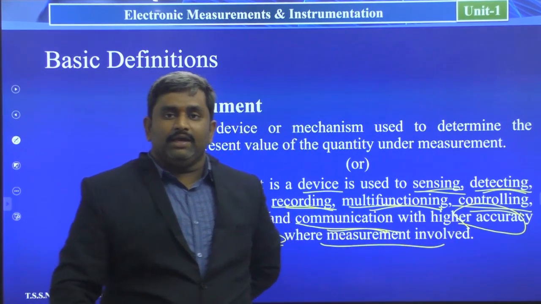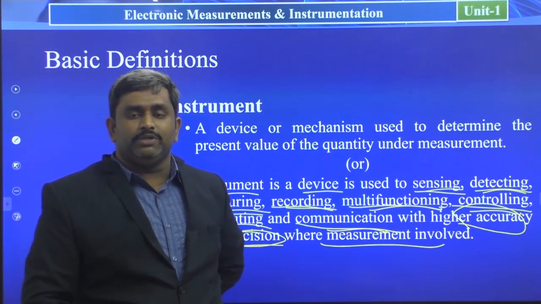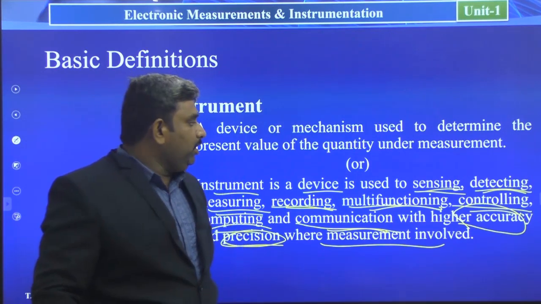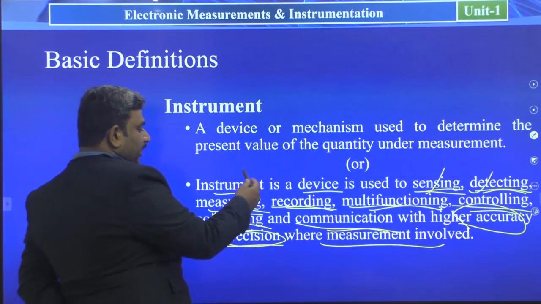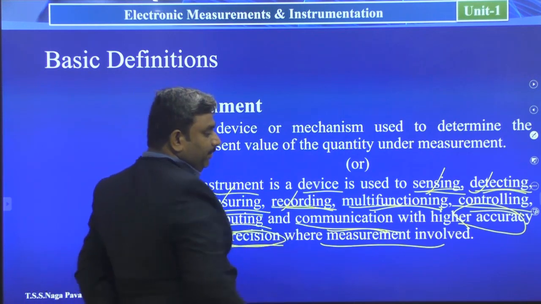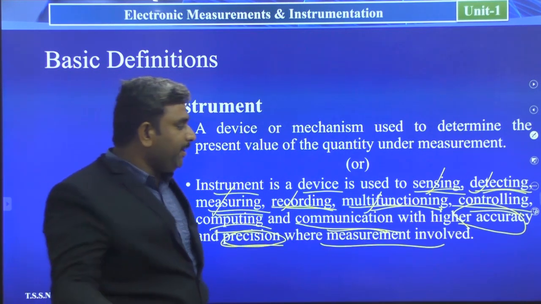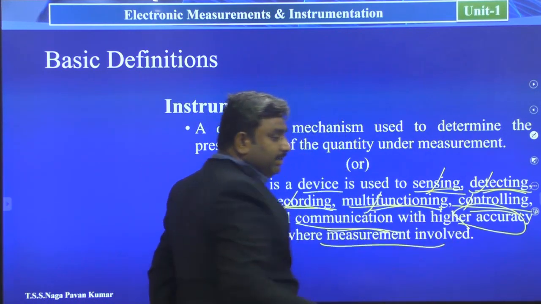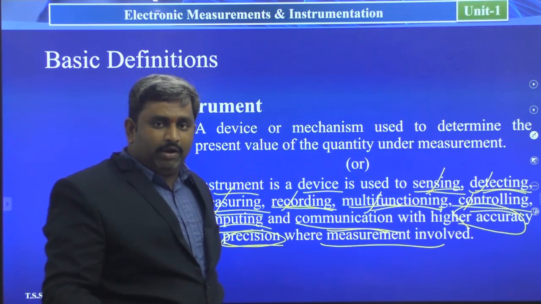So see here what the instrument will do: it is not only going to measure the values, it is also sensing the information, detecting the information, measuring, recording, that means storing, multifunctioning. It will do multiple operations, and it is controlling other parameters also.